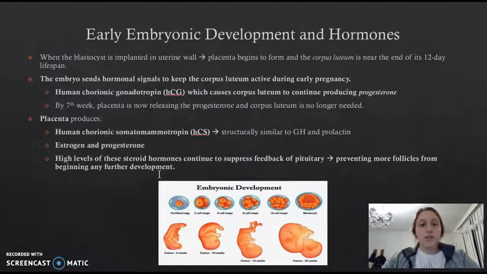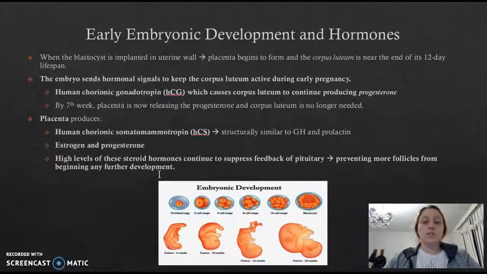The human chorionic gonadotropin hormone causes the corpus luteum to continue producing progesterone. By the 7th week, though, the placenta is going to be releasing the progesterone, and the corpus luteum is no longer needed. The placenta is going to produce the human chorionic somatomammotropin, which is structurally similar to growth hormone and prolactin.